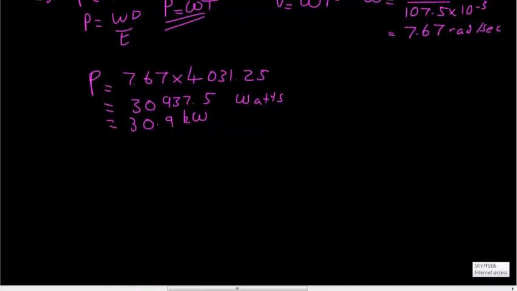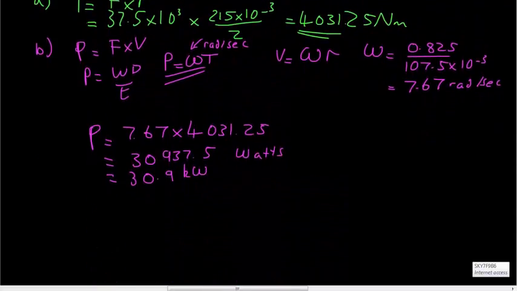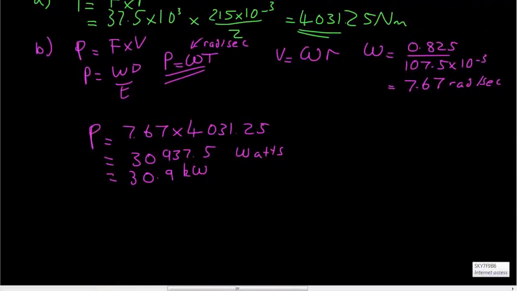Okay then, so part C asks us for the speed of the drum in RPM. Okay, so for the previous question, we had to find omega. We know that the speed of the drum is equal to 7.67 radians per second.